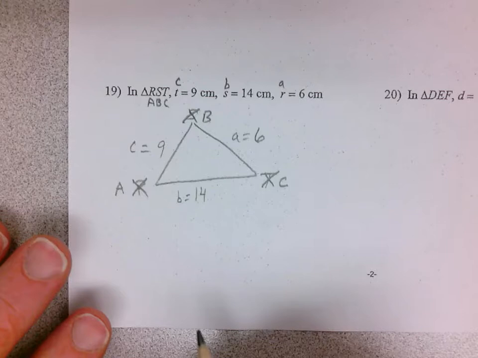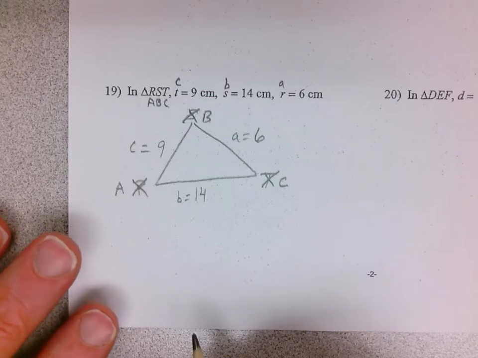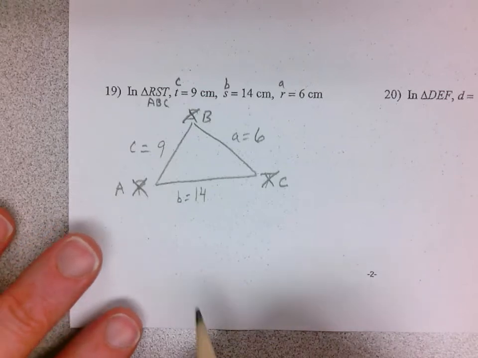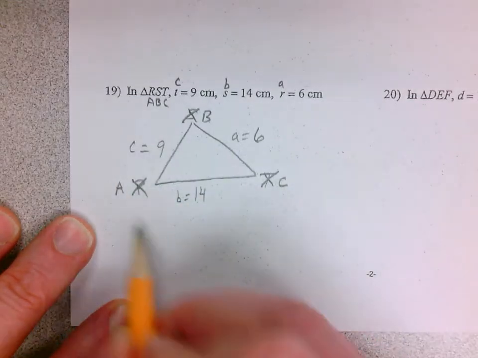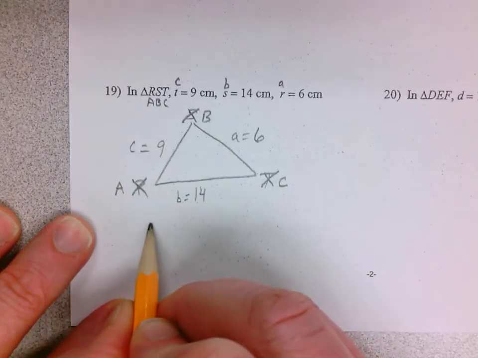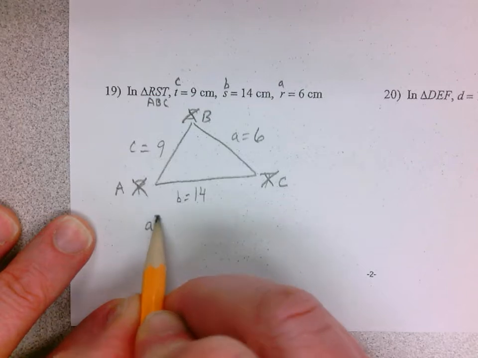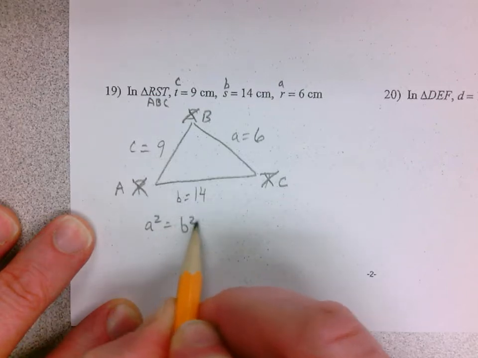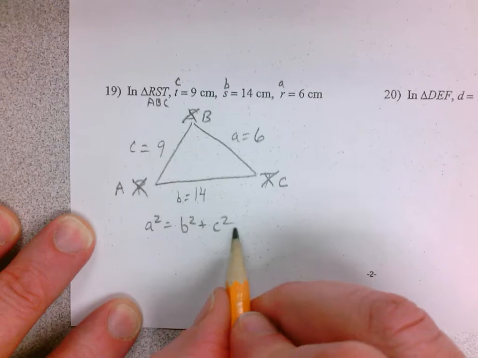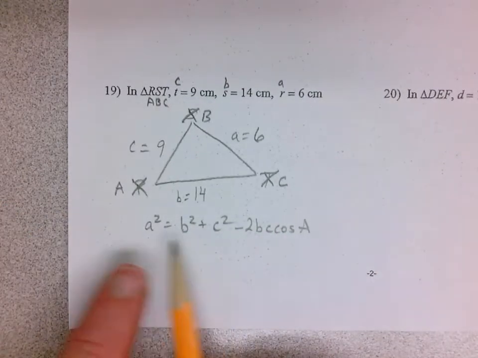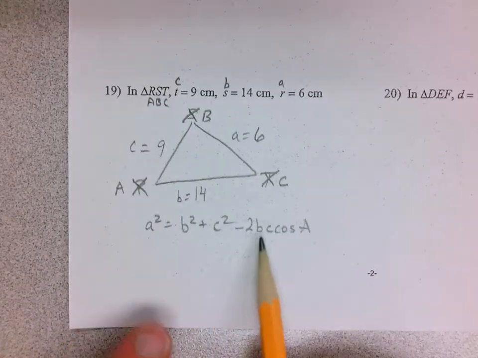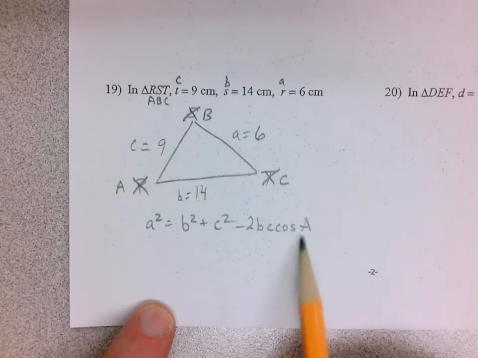And the cosine rule, you can start out with any angle that you want to find. So you might say, well, okay, I want to do the way the rule is first written: a squared equals b squared plus c squared minus 2bc cosine a. Remember that a, b, and c are multiplied together here, and the a matches up with the a.